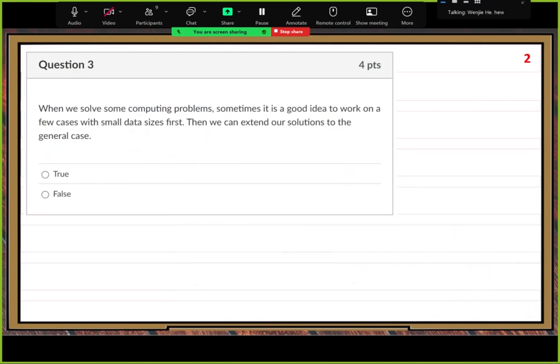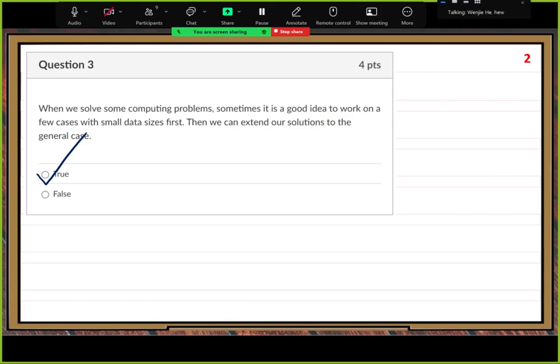Number 3: when we solve some computing problems, sometimes it's a good idea to work on a few cases with small data sizes and do experiments. We applied this strategy many times. It's a strategy we use frequently in this class.